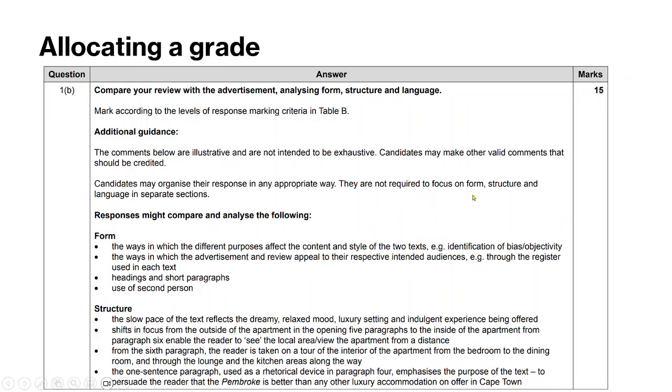You don't have to write about form, structure, and language in separate sections, but it can be helpful. And I'm going to show you a structure at the end of this that I think would be very, very helpful to you. In the interest of time, I'm not going to read through the form and the structure. You guys can pause here. You can download the mark scheme from the internet.